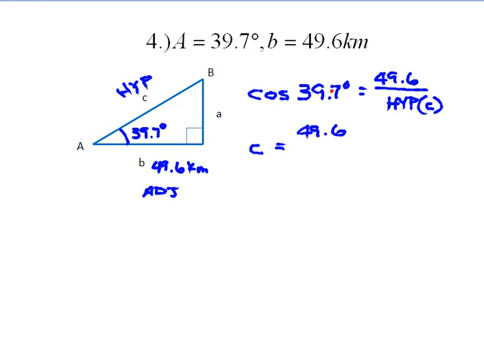Remember, essentially, they swap places. And with that, we should find C equal to 64.46, and that was in kilometers.